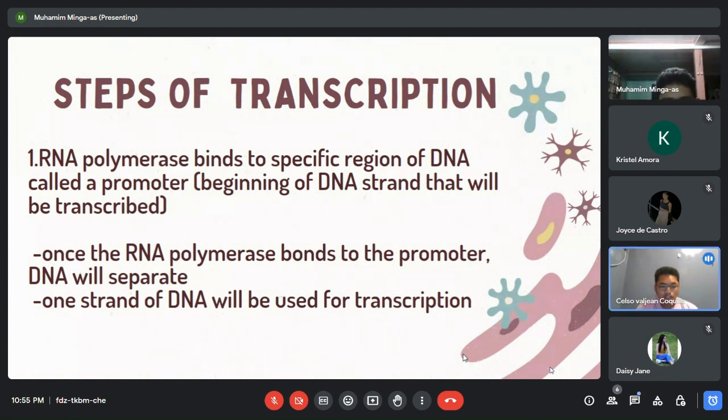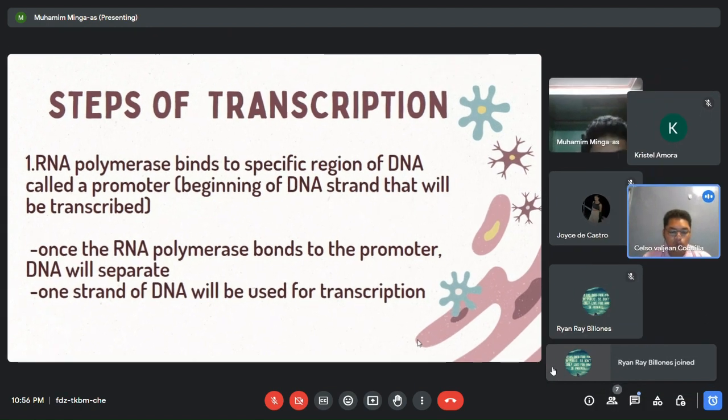So there are three stages or steps of transcription. We have the initiation, the second stage, which is the elongation, and the third stage, the termination. So for the first step, the initiation, we have RNA polymerase binding to a specific region of DNA called a promoter.